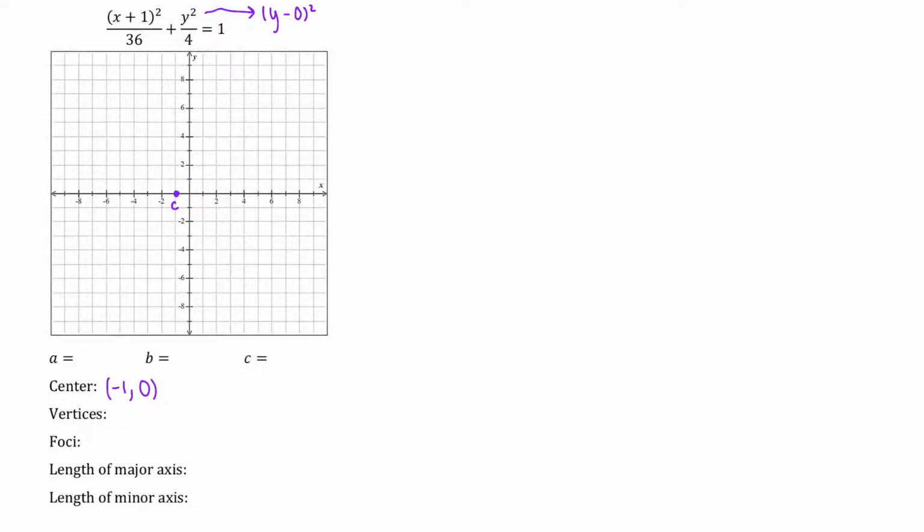Now let's take this equation and write it over here so we can mess around with it a little bit more. Remembering that the bigger number is going to be a, so 36 is bigger, so that means a squared is 36, and a would be 6. This makes b squared 4, which means b would be 2.